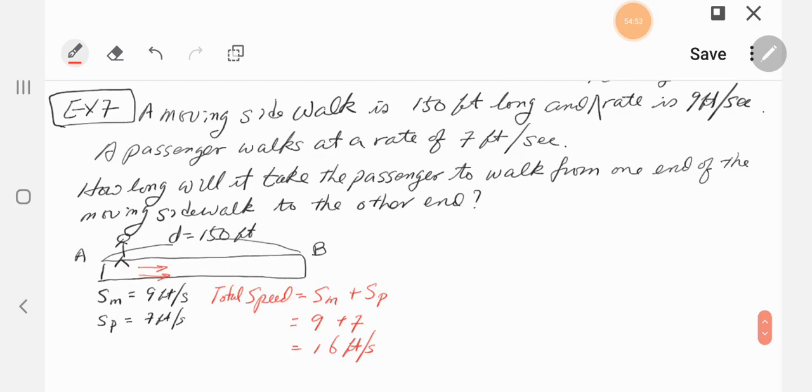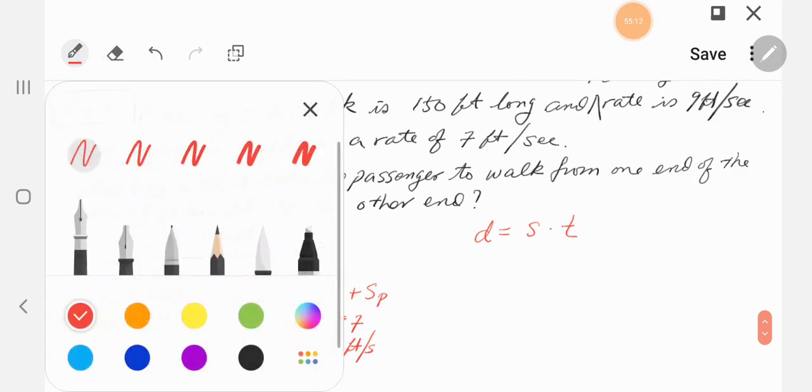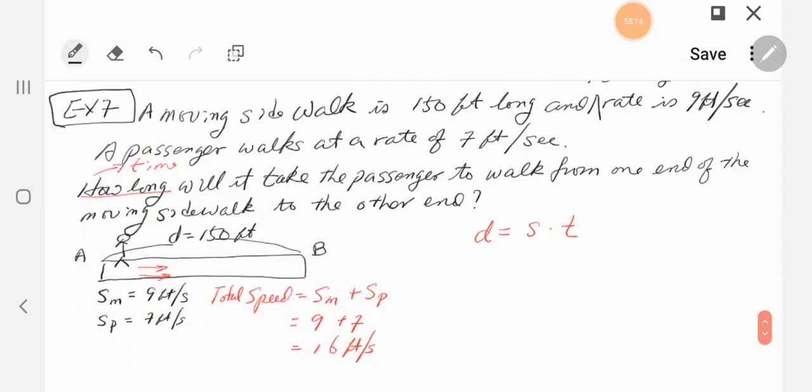And then how long will it take? So we are looking for the time, right? So the total distance. The distance formula is s times t, right? So the length of the sidewalk is the distance.